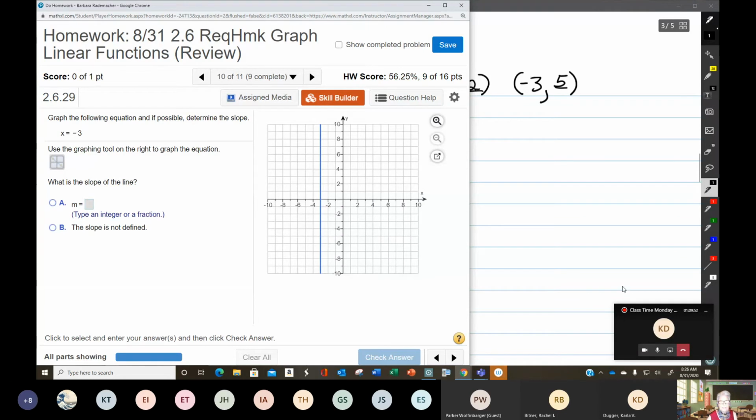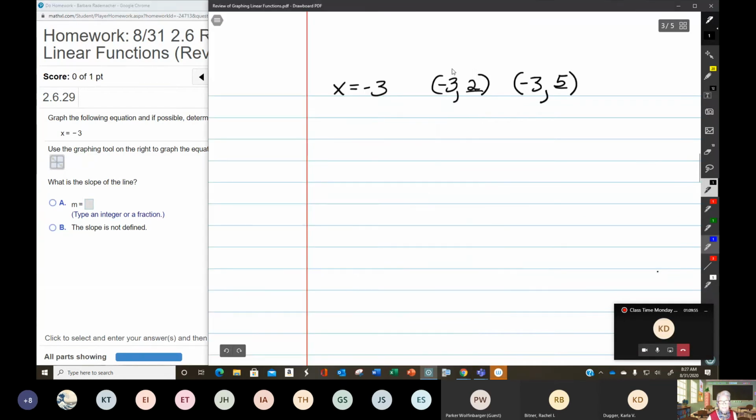Let's find the slope. x1, y1, x2, y2. Okay, m, slope, equals y2 minus y1 over x2 minus x1, which is 5 minus 2 over -3 minus -3.